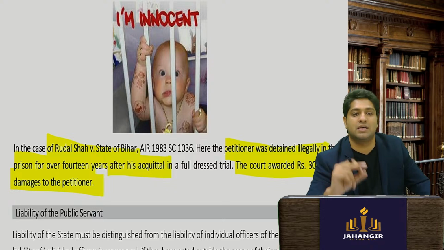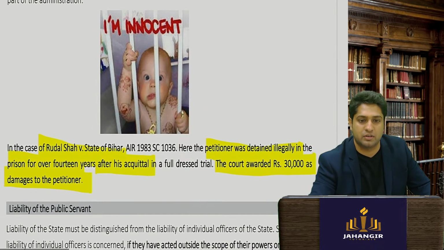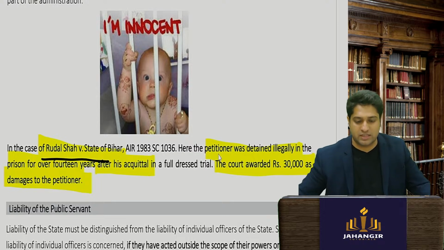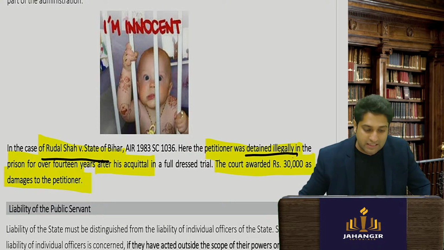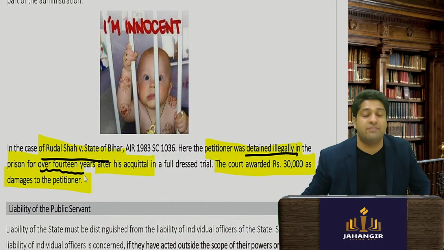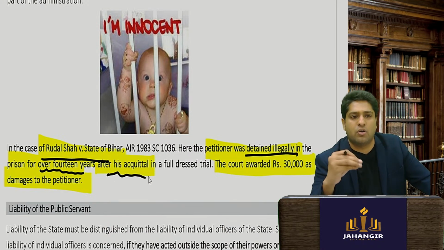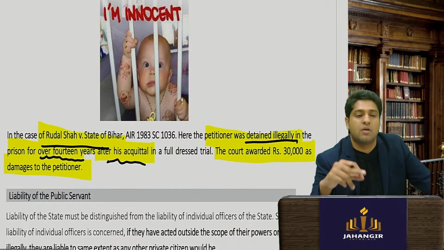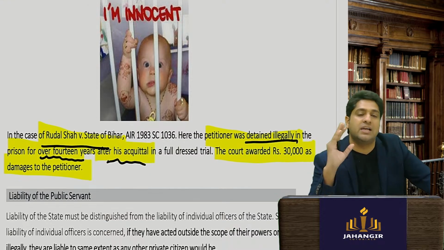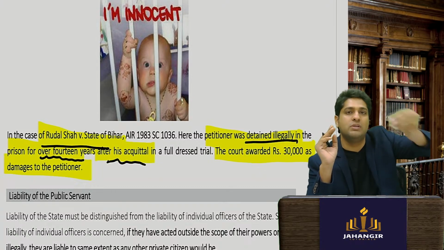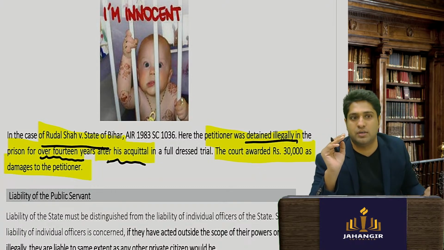Now imagine, I told you the judiciary is also coming here. In Rudul Shah versus State of Bihar, the petitioner was detained illegally for over 14 years after his acquittal. Imagine that the court had ordered that this person be released, but for 14 years he was still in jail after his acquittal, because if he is sentenced to 3 years in jail, who will sit and calculate when the 3 years get over?